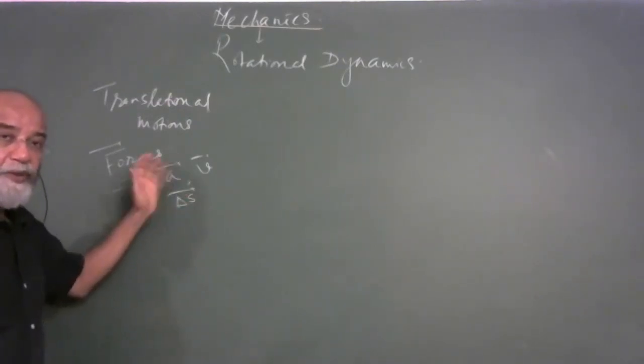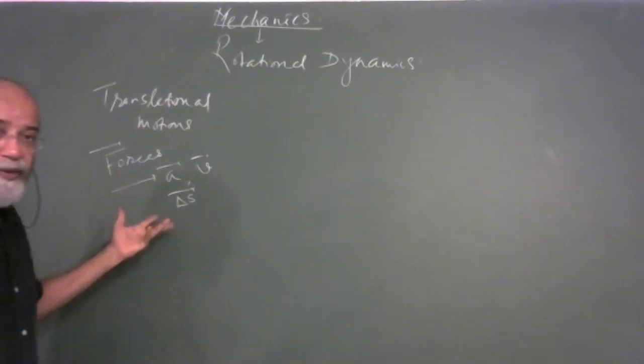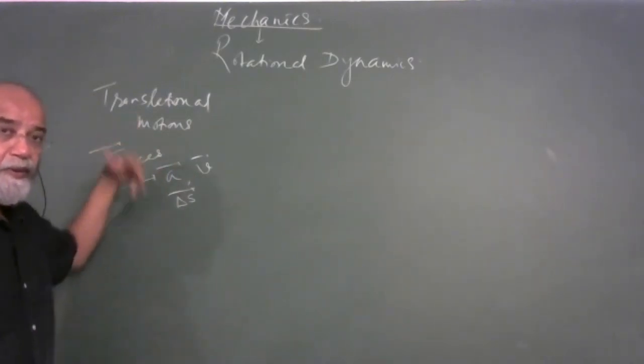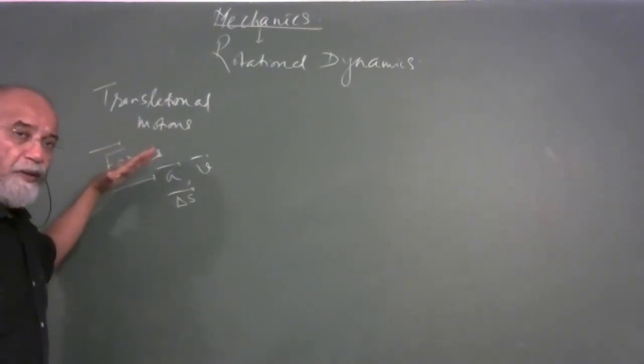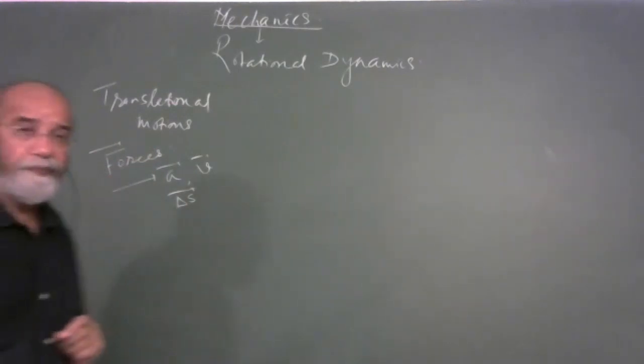We had parameters, physical quantities like velocities and displacements. This was our translational world.